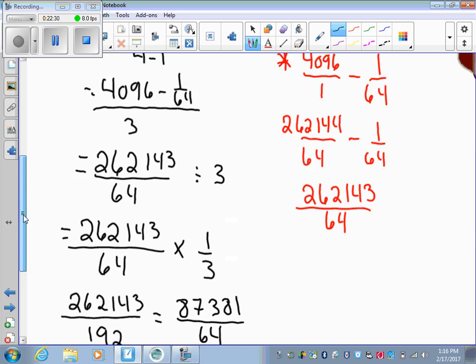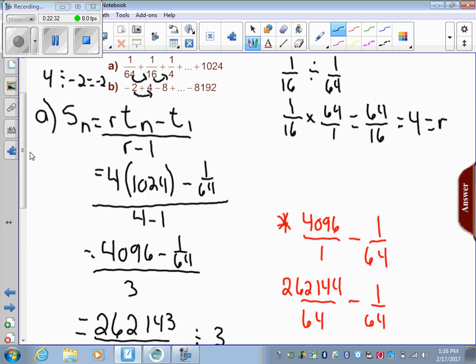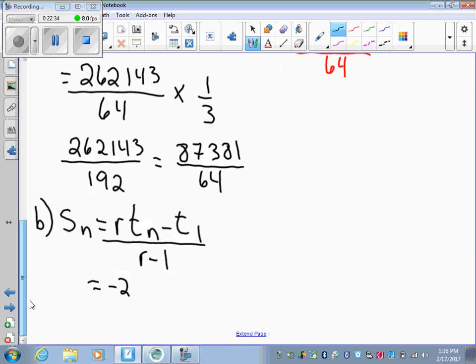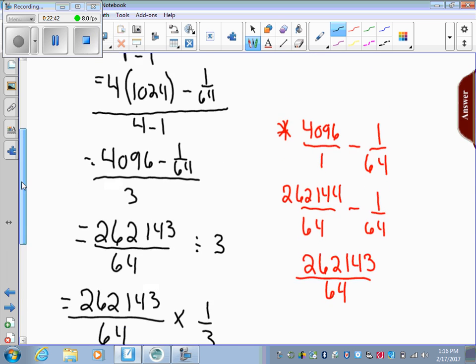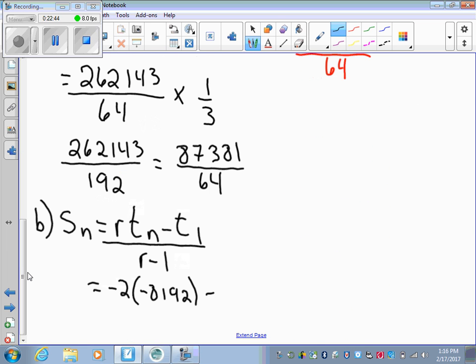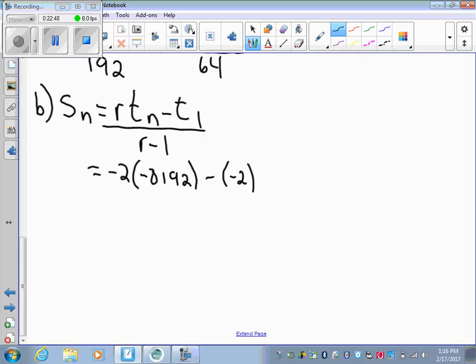Our Tn is negative 8192. And our first term is negative 2. Negative, negative there. Watch out for that. And our ratio is negative 2 as well.